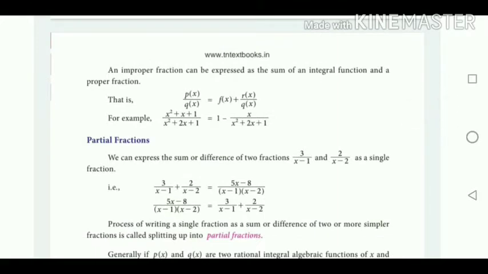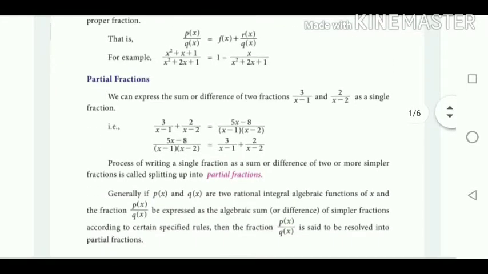So we can express the sum of two fractions, 3 by x minus 1 plus 2 by x minus 2, as a single fraction: 5x minus 8 by x minus 1 into x minus 2. Here they are expressing the sum of two terms as a single fraction.